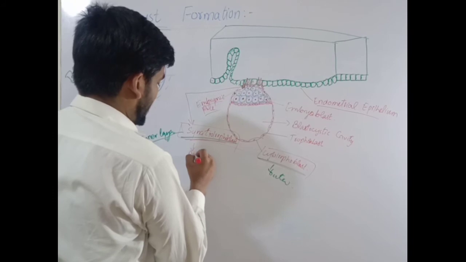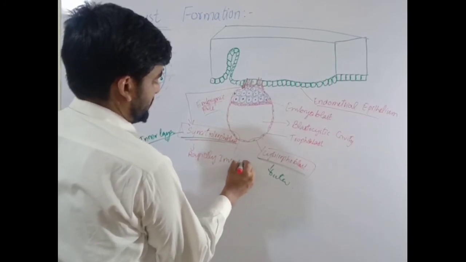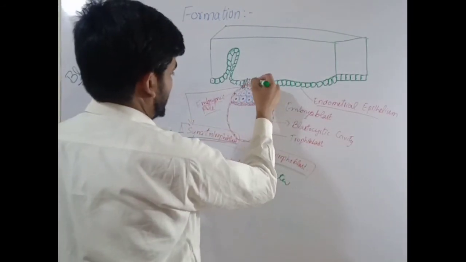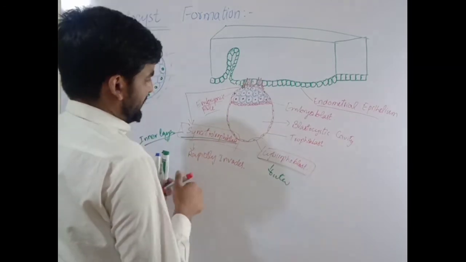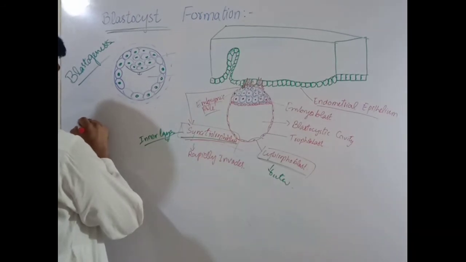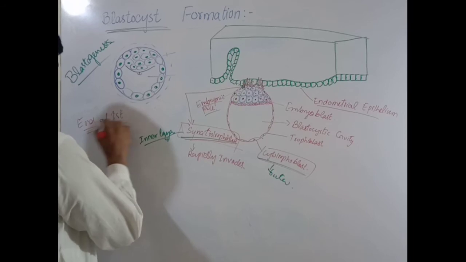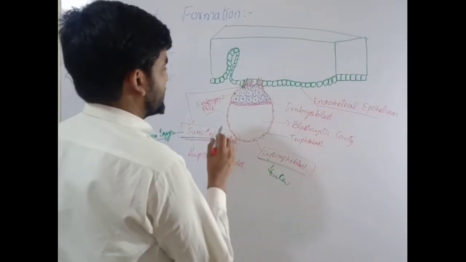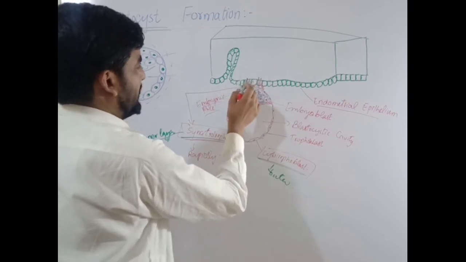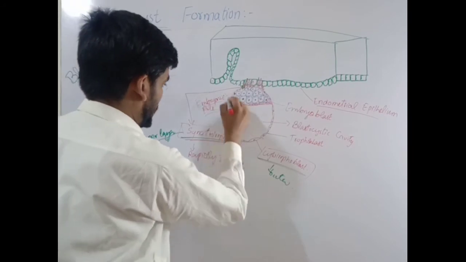It rapidly invades the endometrium. You can see here it is invading, so that at the end of the first week a superficially implanted zygote is formed. It means the blastocyst has implanted inside the endometrial wall at the point of the embryonic pole.